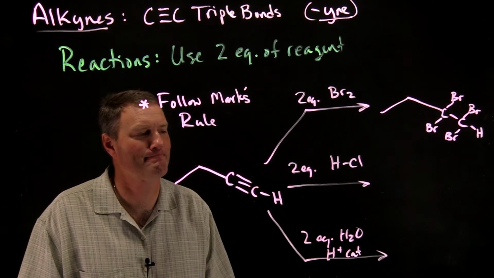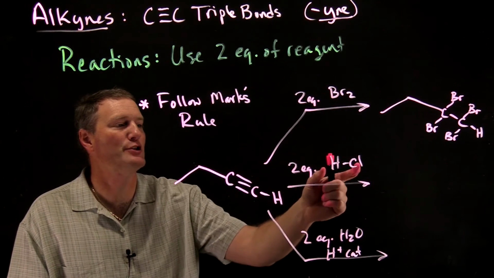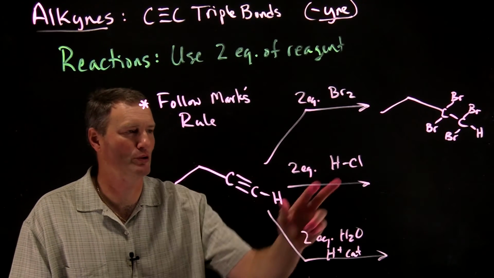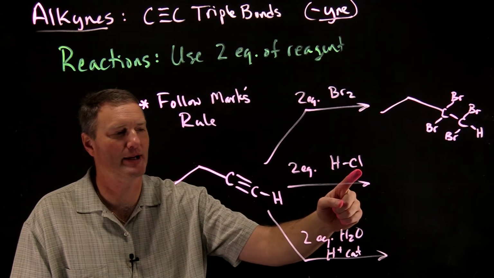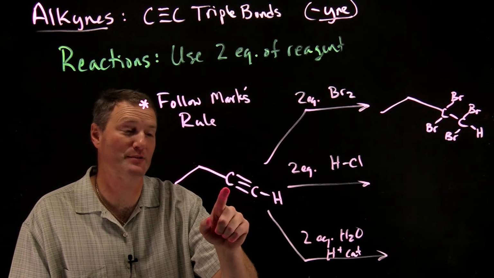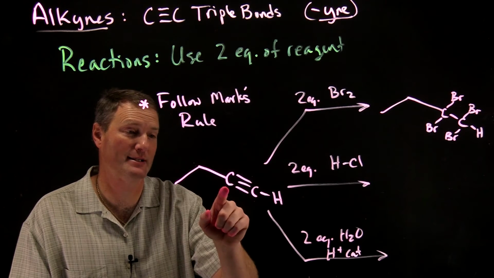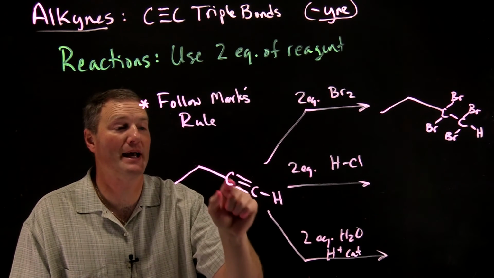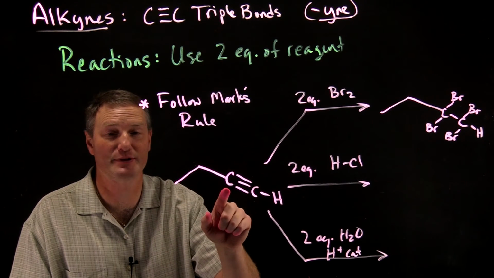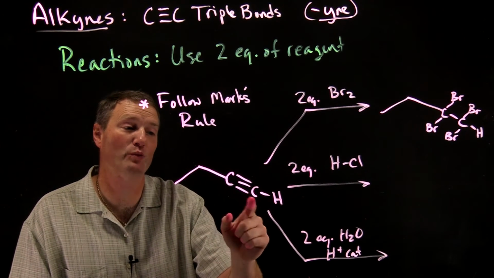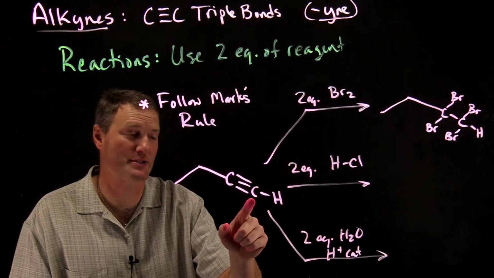Now in this case, we do actually have to apply Markovnikov's rule. Remember, when you're adding an HX reagent, the X group, in this case chlorine, is going to add to the more substituted carbon of the triple bond. So here we have this carbon has, not only this carbon as a substituent, but this one over here. So this is a di-substituted carbon. This one only has 1 carbon substituent, so it's mono-substituted.